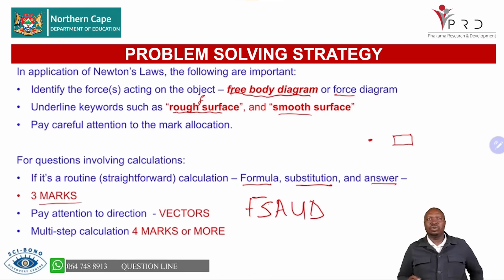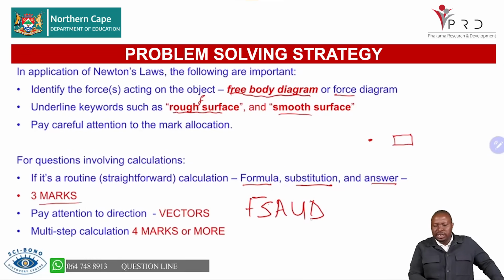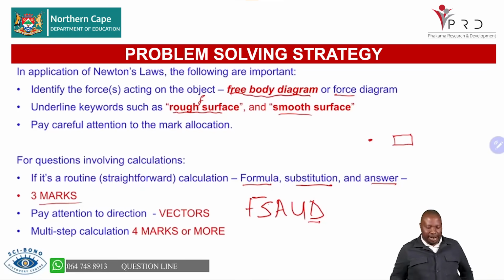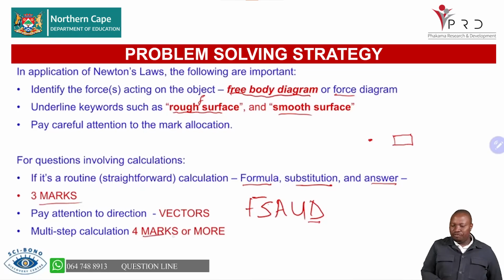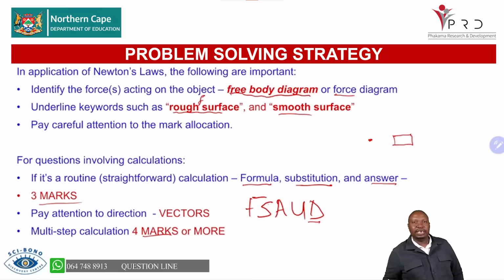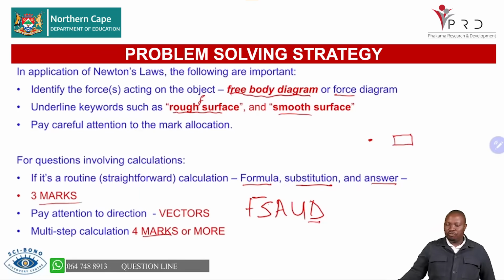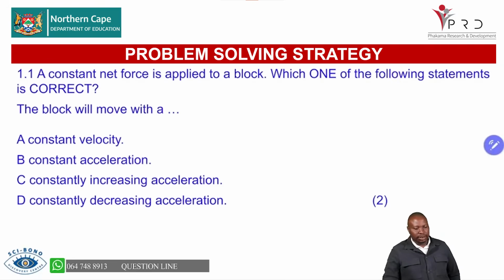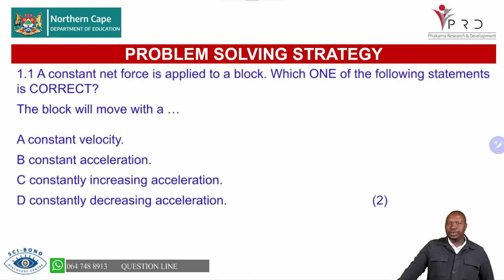If it's a vector, we don't want you to lose marks by not indicating the direction. As long as you're dealing with vectors, you will have to indicate in which direction. But a scalar quantity has only magnitude but no direction, so you don't have to show the direction. When you have 4 marks or more, you'll find that this might be a multi-step type of question. Those are things you must always remember when dealing with questions like this.